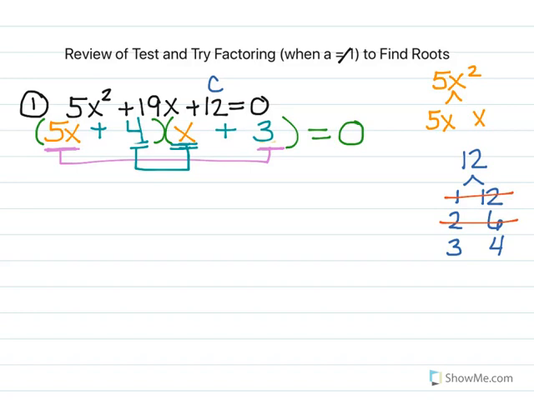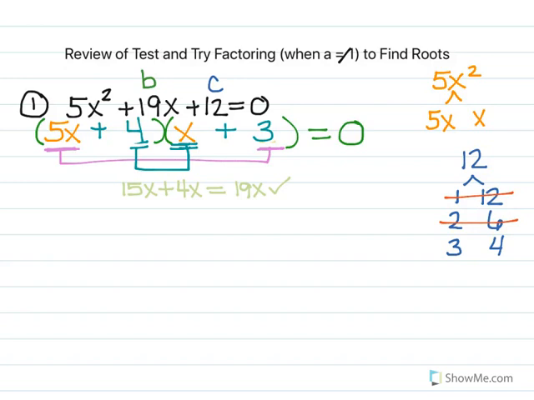And if we double check our work here, the 5x times 3 is going to give me 15x. The 4 and the x multiplied together will give me 4x, and because those two terms are going to add up to my b value of 19x, then I know it's going to work. So, all that work just to factor.